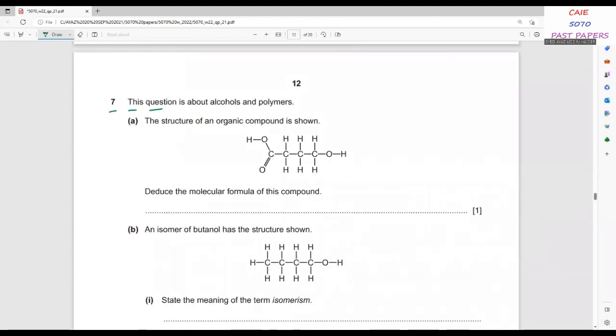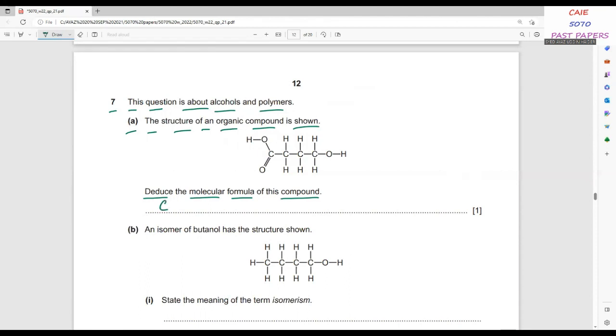Number 7, this question is about alcohols and polymers. A, the structure of an organic compound is shown. Deduce a molecular formula of this compound. So we'll start counting the atoms.